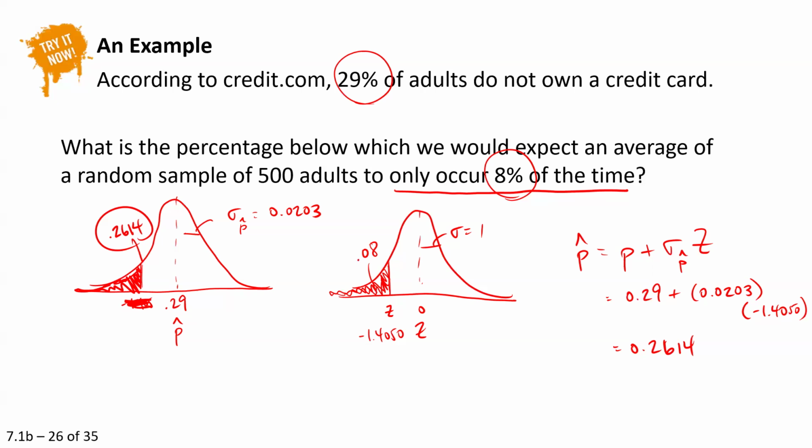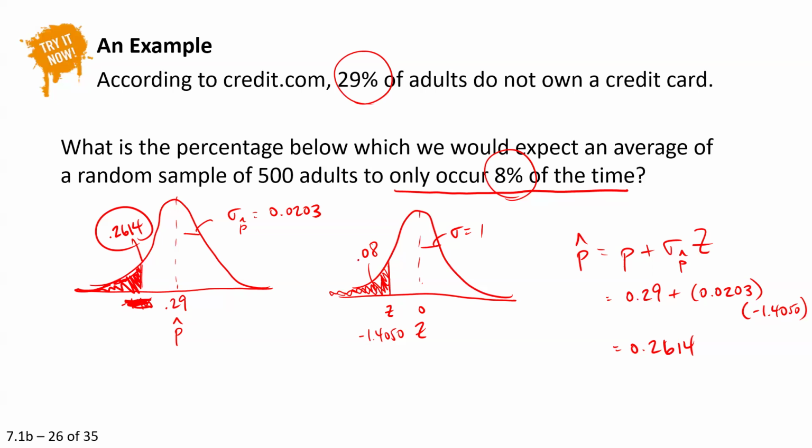Yeah, and some of our previous problems make me think that 14%, we would expect an average of random sample of 500 people. That's right. So we're taking samples of 500 people over and over and over again. Sometimes it's slightly more than 29%. Sometimes it's slightly less. And in some of our previous problems, I asked you, like, what's the probability that it's going to be less than 0.27?